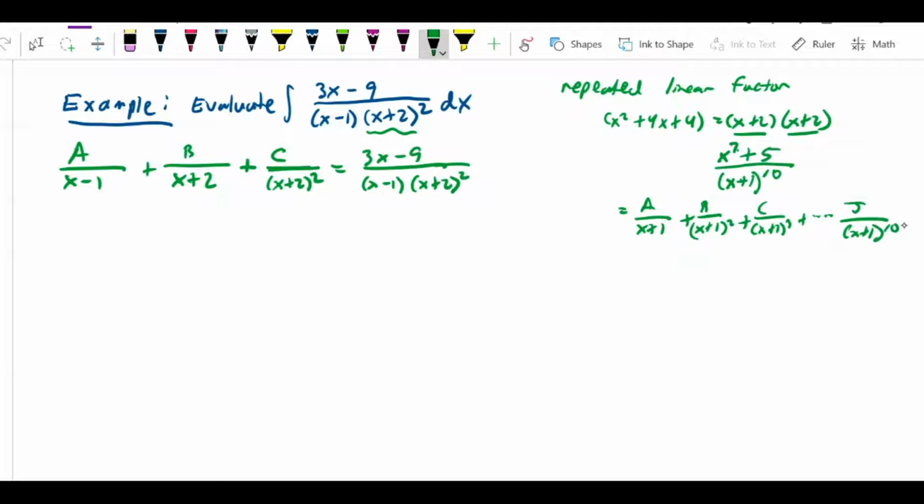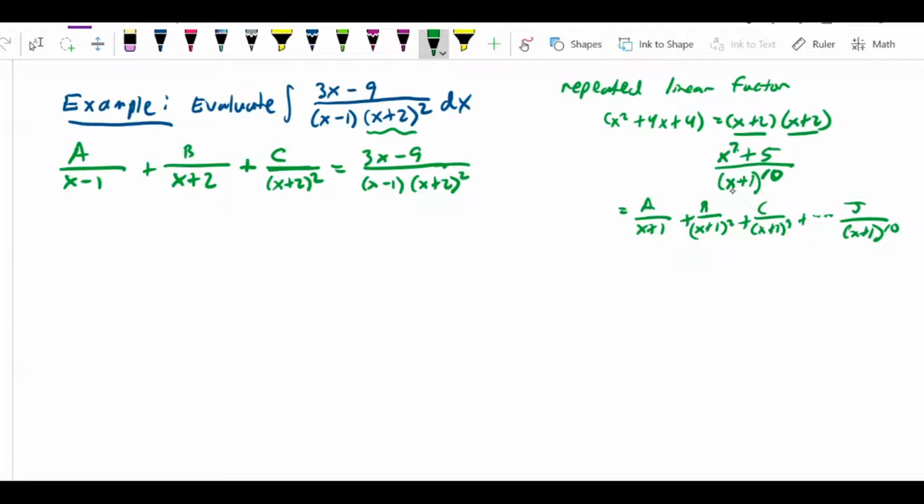So this is how you deal with a repeated linear factor. However many times it's repeated, you create one of these terms for all of the potential powers up to that highest power. So I would need 10 different terms if I had x plus 1 raised to the 10th power on the bottom.